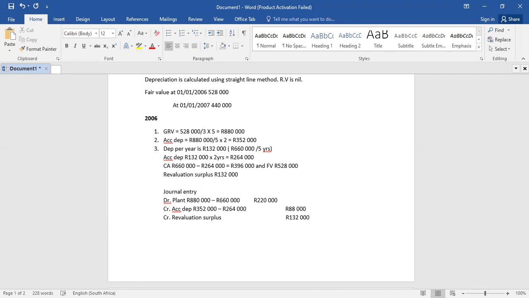So that's what you do with the first fair value. If you show your workings as they were shown, then you will have this important journal entry that you must show. Any questions?